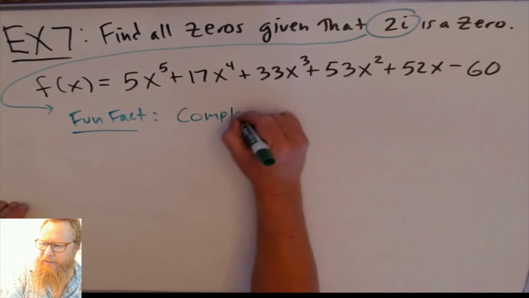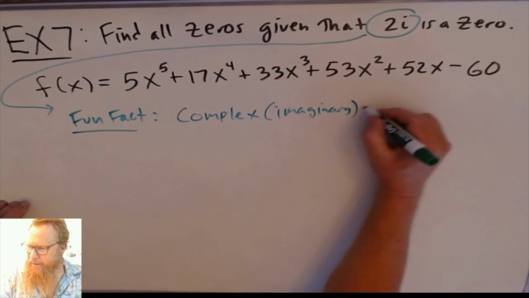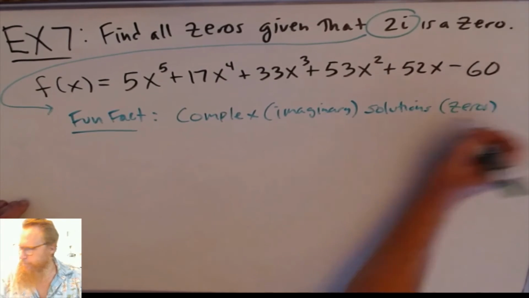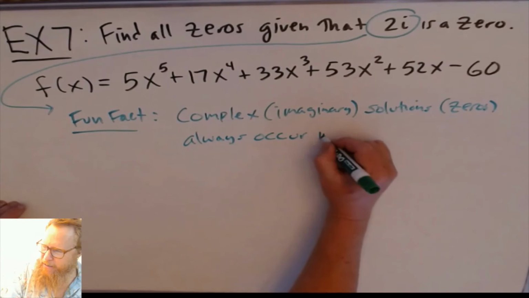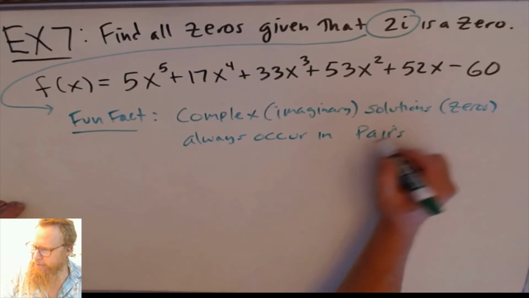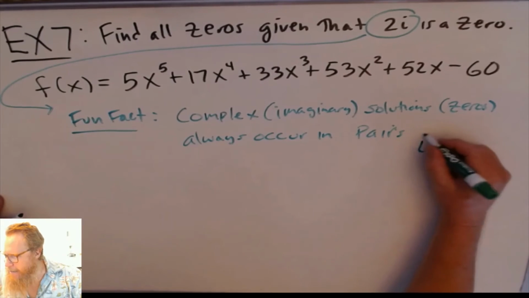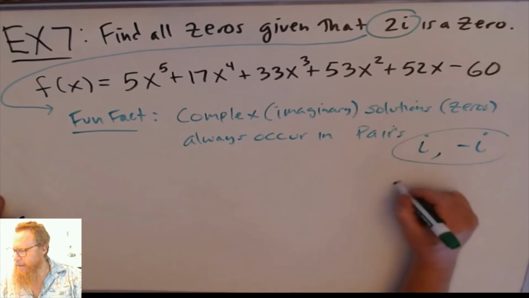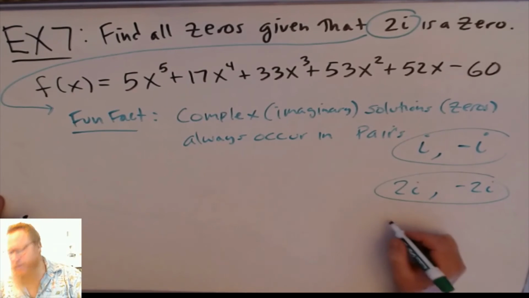Complex, also known as imaginary, solutions, also known as zeros, always occur in pairs. You can't have one without the other. So if i is a solution, then negative i is also a solution. If 2i is a solution, then negative 2i is a solution.